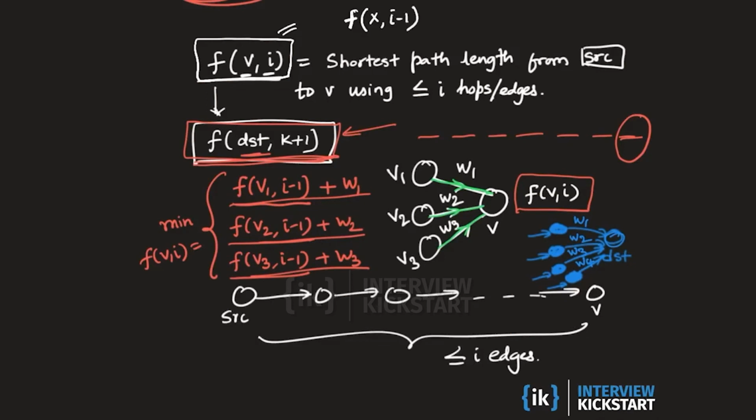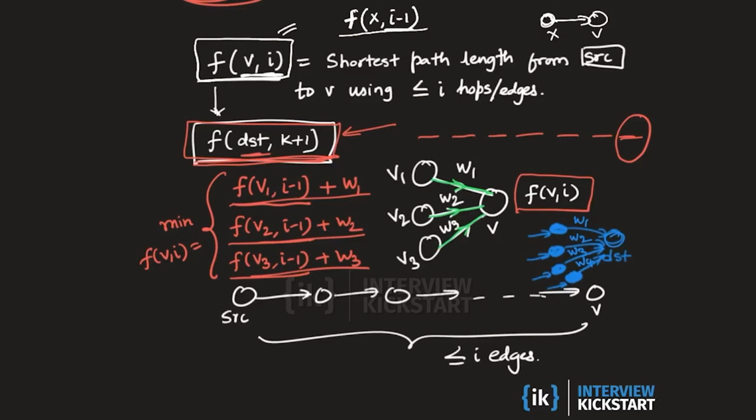If the worker has to calculate the shortest path length from the source to v using less than or equal to i hops, then their subordinate has to calculate the value of f of x comma i minus 1. x is the predecessor of v. We know that the shortest path from the source to x can use at most i minus 1 edges if we plan to extend that shortest path up to v by adding that last edge.